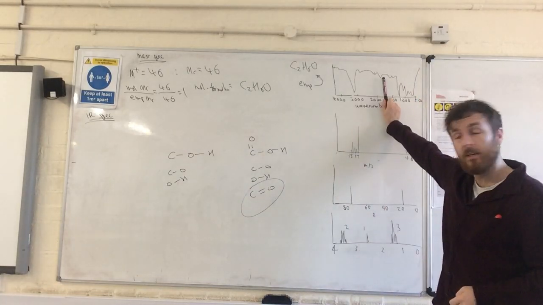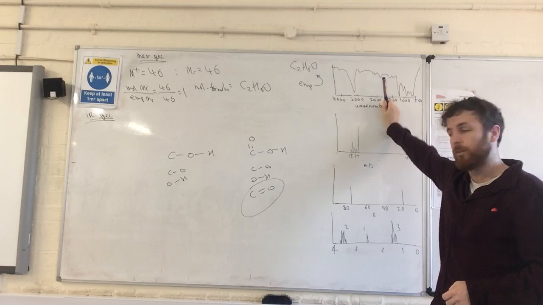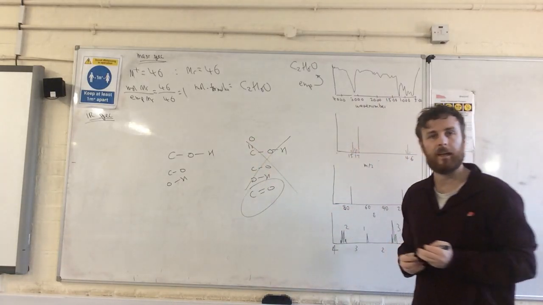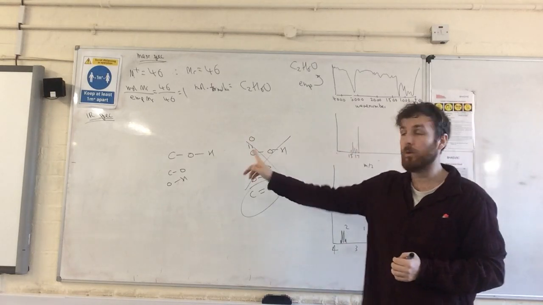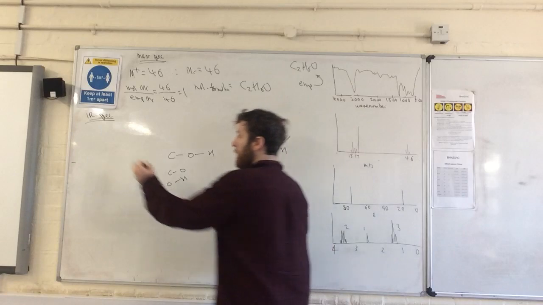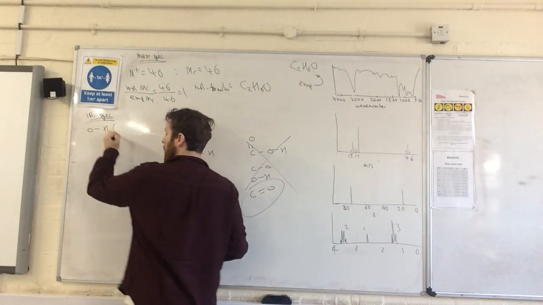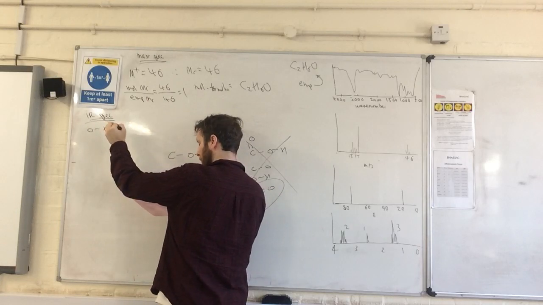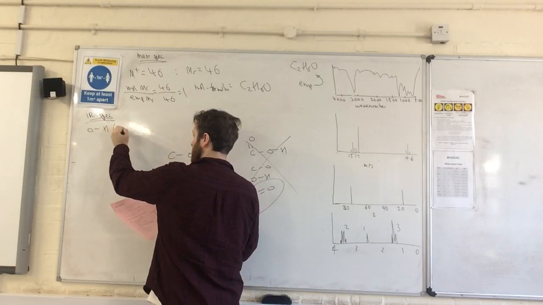I do not have a peak at 1,700, so I cannot have a COO, so it cannot be a carboxylic acid. So that's how you tell which of the OHs your OH peak is. So I now know this is an alcohol OH, and I'm going to write the bond down with the wave number in brackets afterwards.